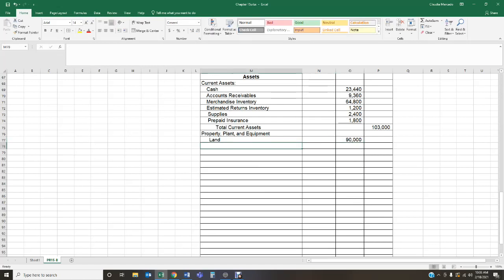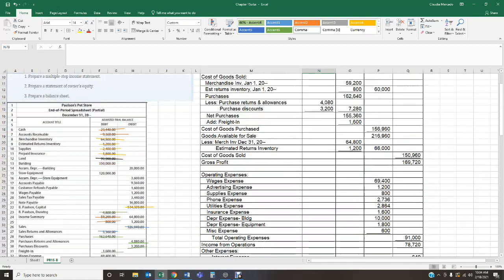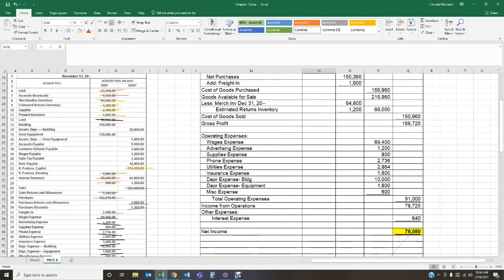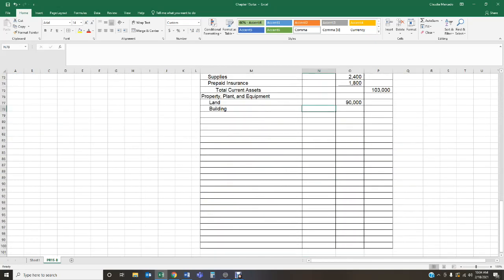The next thing we had was the building. The building is $350,000.